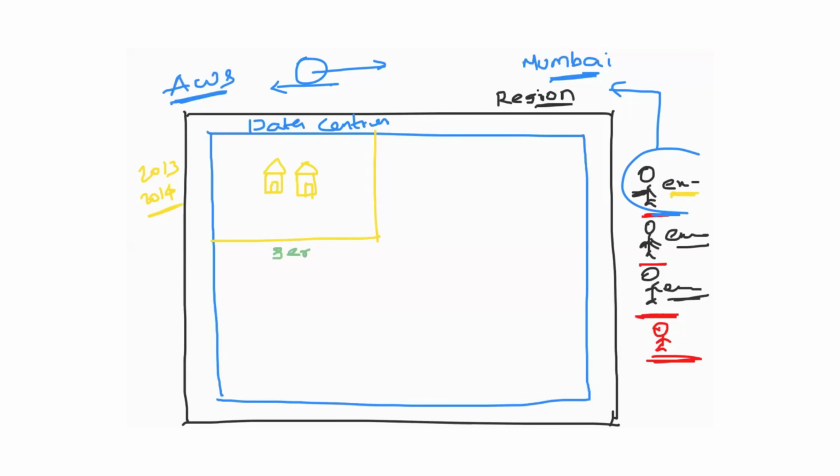Let's call it server 1. Then there is example 2, and AWS created the request of example 2 in server 1 only. Then there is example 3, which requested one server, and AWS created it in server 1 only. Here I'm talking about virtual machine 1, two virtual machines, and 2 virtual machines.